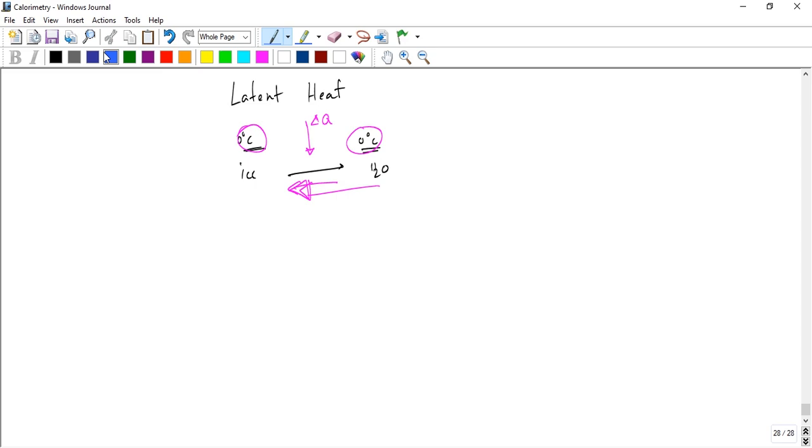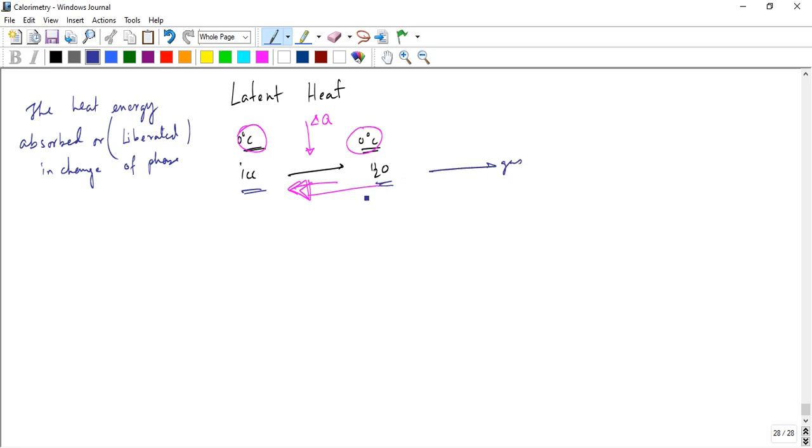So what is latent heat? Latent heat is the heat energy absorbed or liberated in a change of phase, meaning solid to liquid, liquid to gas, gas to liquid, or liquid to solid. This change of phase is not externally manifested as a change in temperature; temperature is fixed.